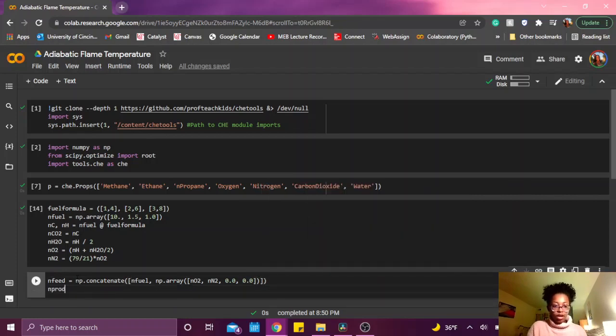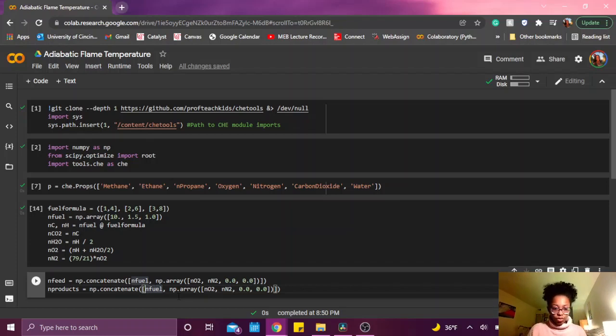And then for our products, it can be the same thing, except we'll want to make all of the numbers within in fuel equal to 0, since we will have none of that left after the combustion finishes.